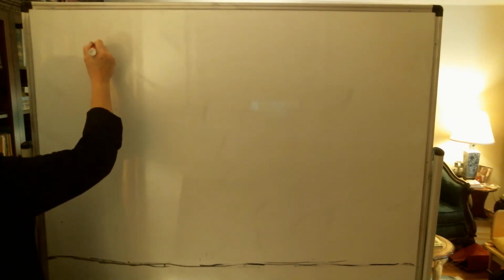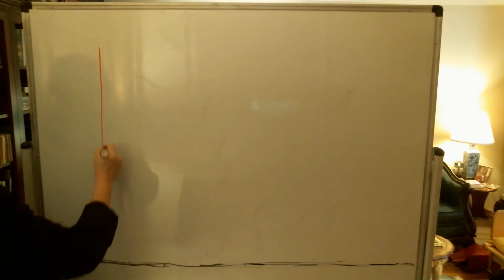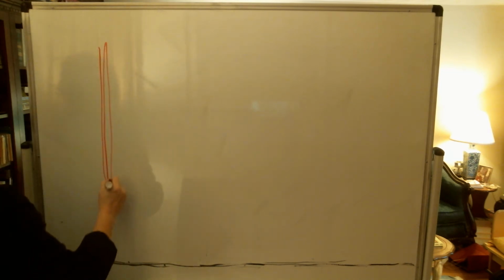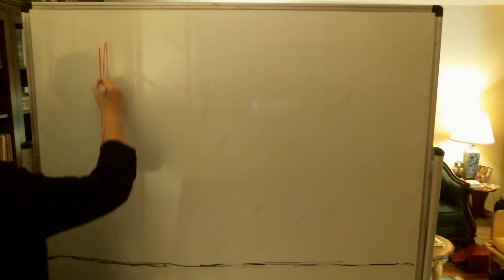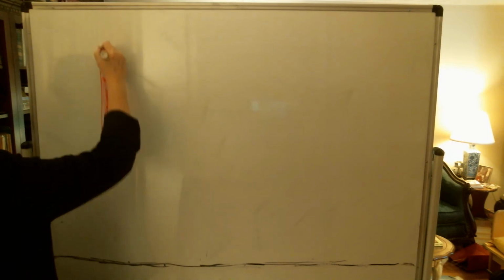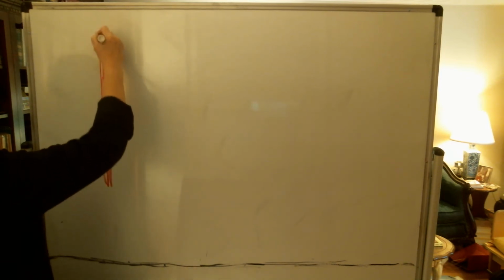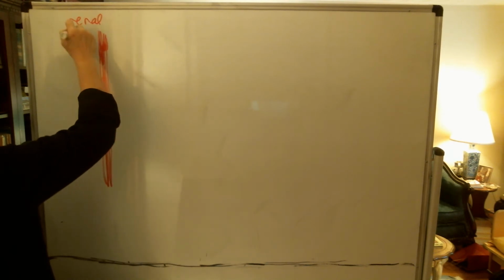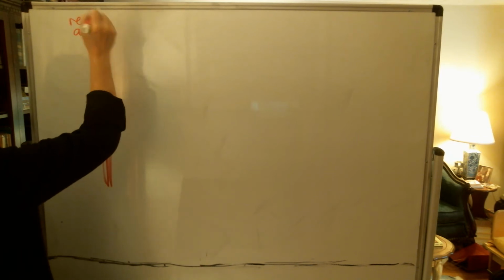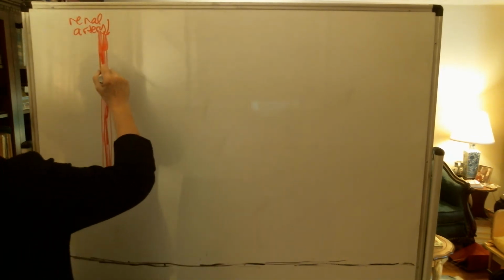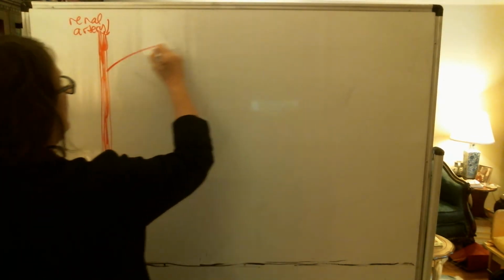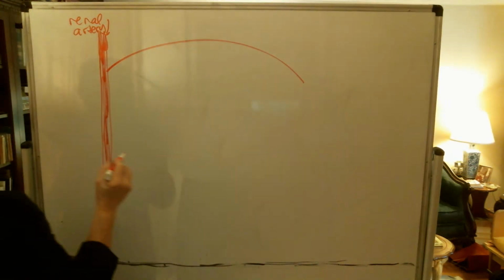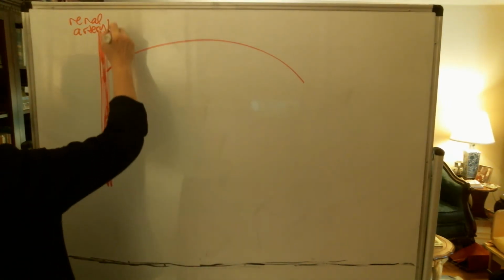So here then is the renal artery. And then here we have an arteriole, right?